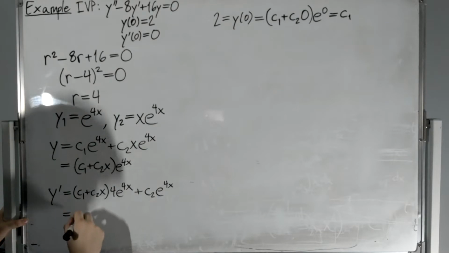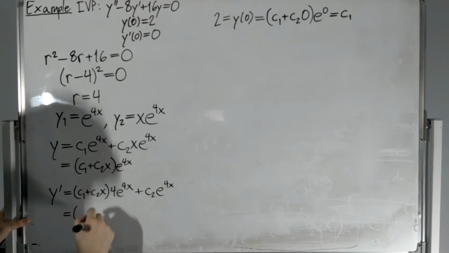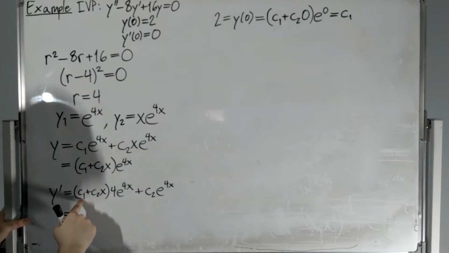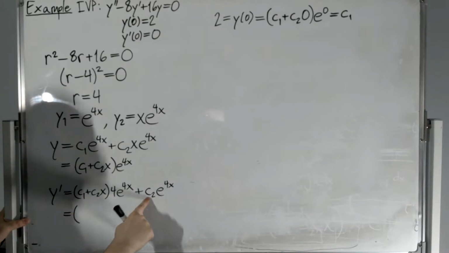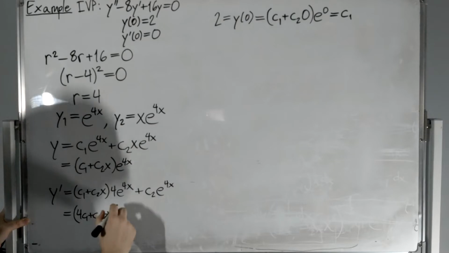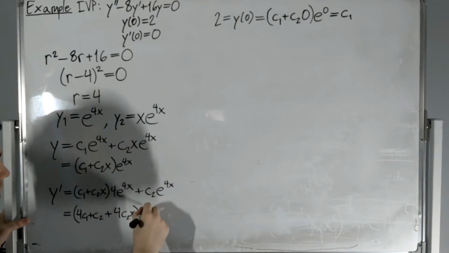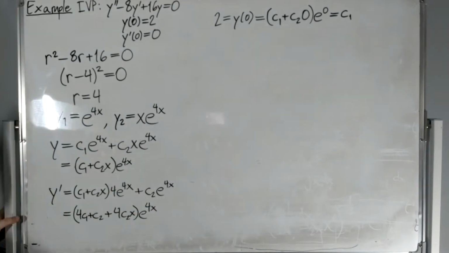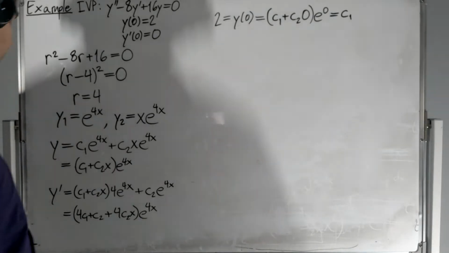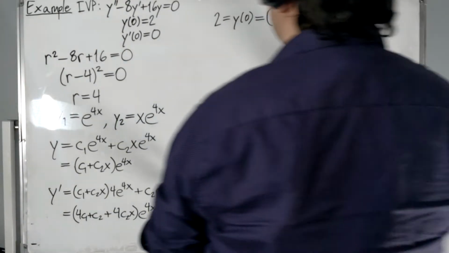And so this becomes, let's see here, we have (4c1 plus c2 plus 4c2 x) multiplied by e to the 4x.